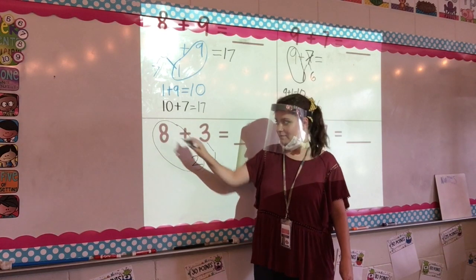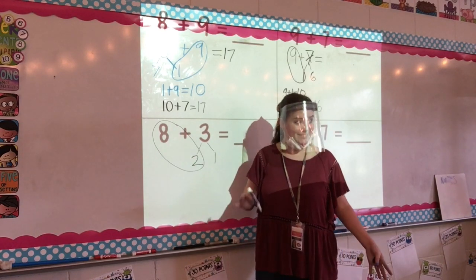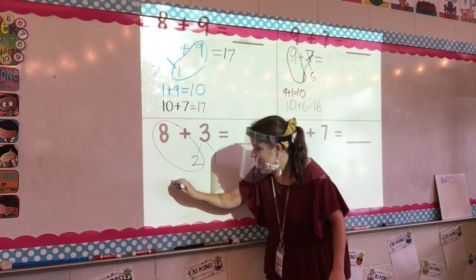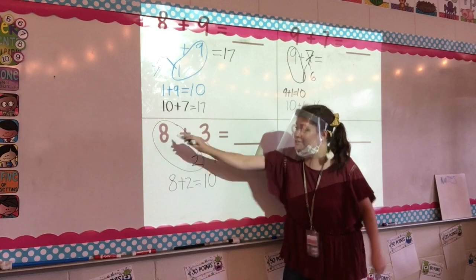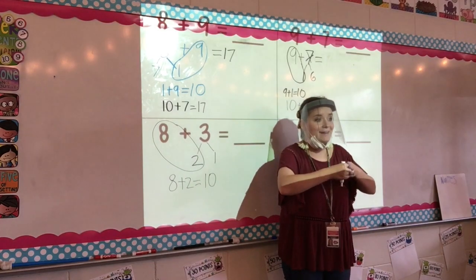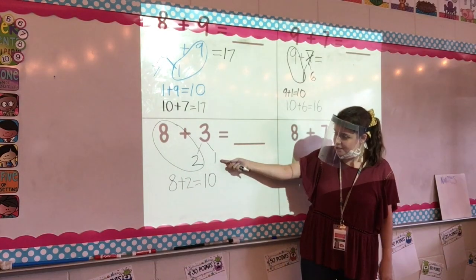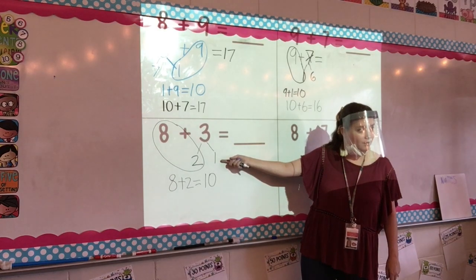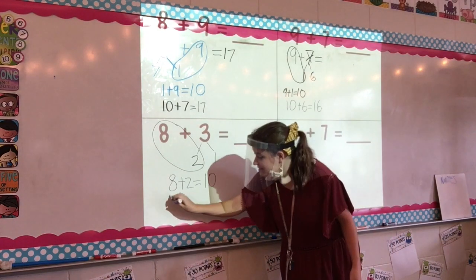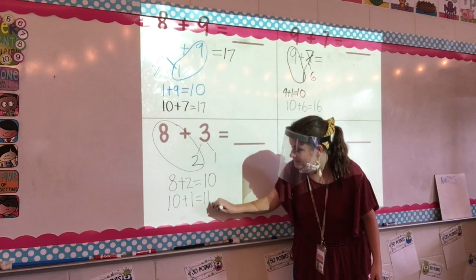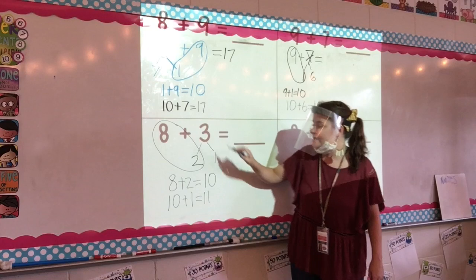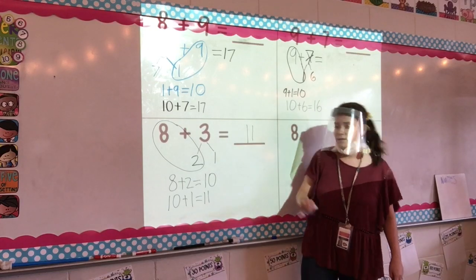What does this make? 10. 8 plus 2 is 10. I just made my number pair to 10. Now, what's all that's left to do? Add the 1. 10 plus 1 is 11. So 8 plus 3 is also 11.